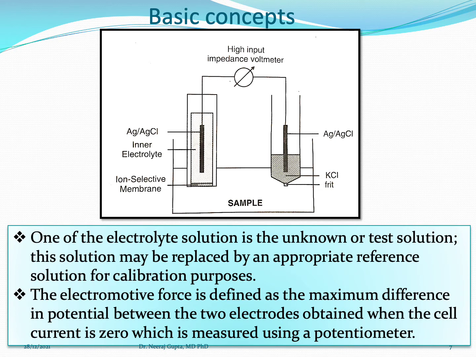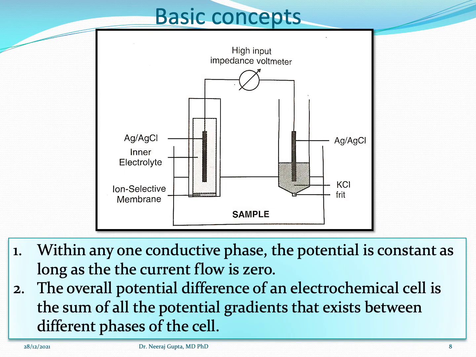The zero current is achieved by incorporating a high resistance within the voltmeter. Within any one conductive phase, the potential is constant as long as the current flow is zero. However, potential differences arise between two different phases in contact with each other.